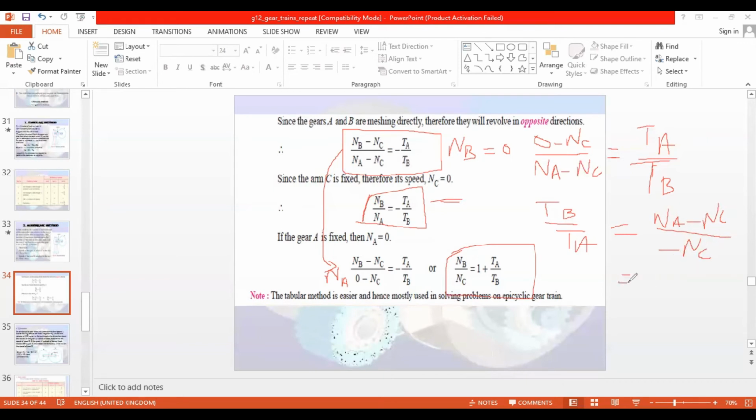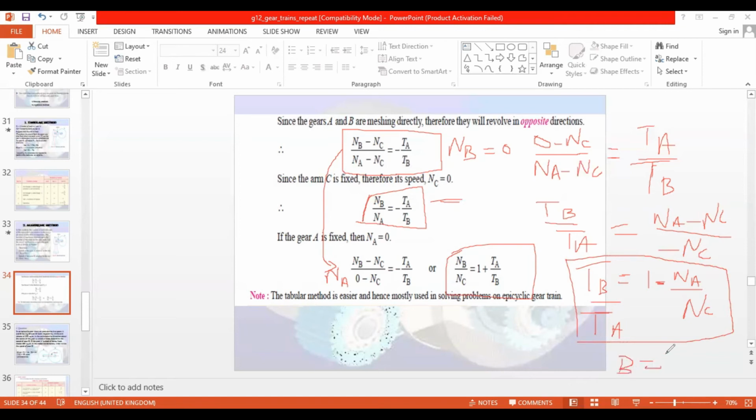So you can have 1 minus NA upon NC equal to TB by TA. So this will be the equation when B is fixed.